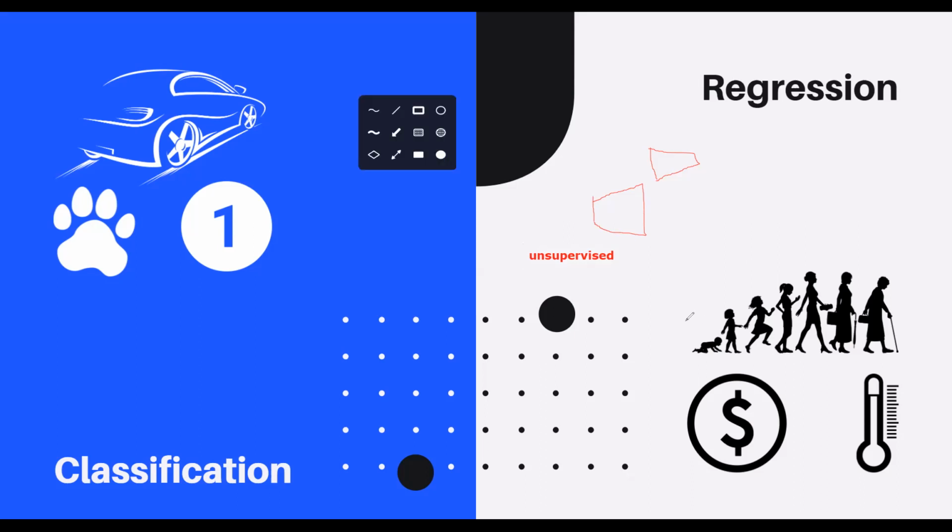Now let me ask you a question. What is the second part of the GAN? Go ahead, guys. Discriminator. Nice. Does the discriminator use something very similar to classification?